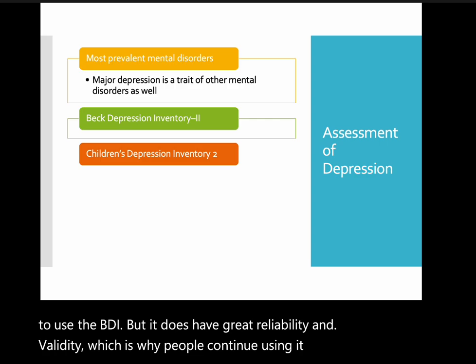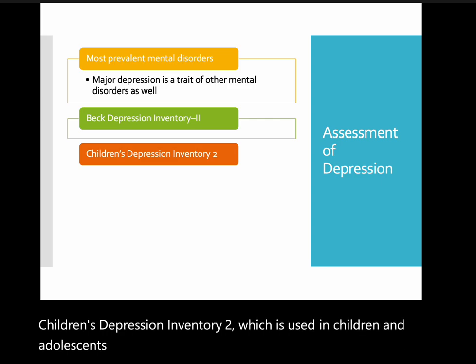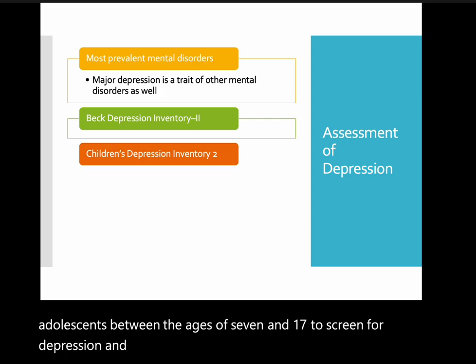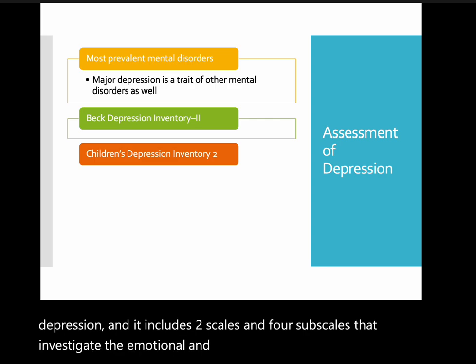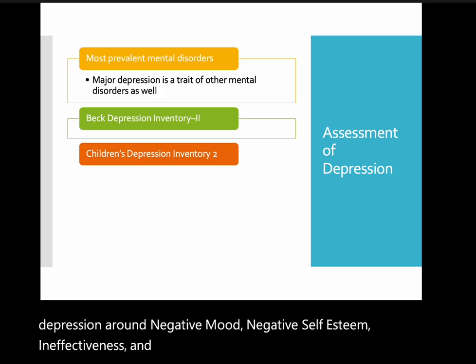We also have the Children's Depression Inventory 2, which is used in children and adolescents between the ages of 7 and 17 to screen for depression. And it includes 2 scales and 4 subscales that investigate the emotional and functional problems associated with depression around negative mood, negative self-esteem, ineffectiveness, and interpersonal problems.